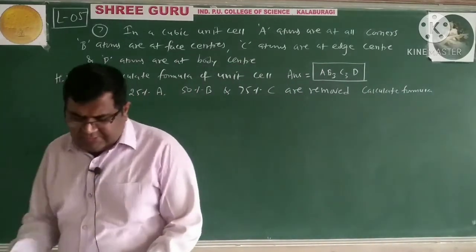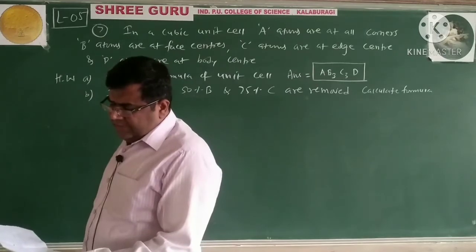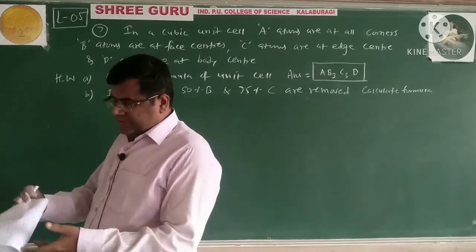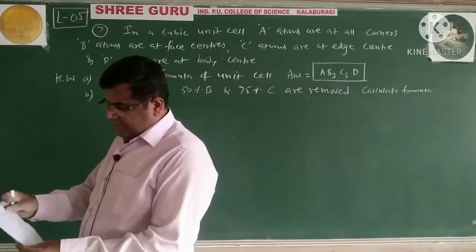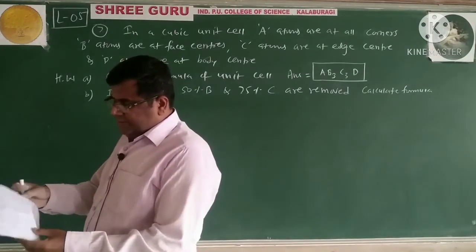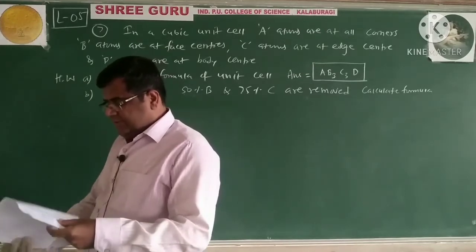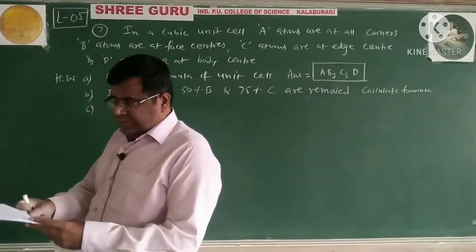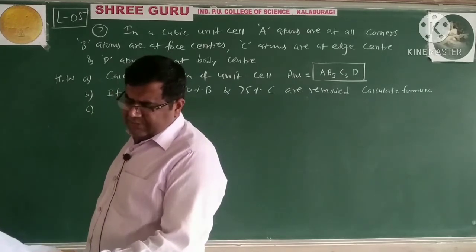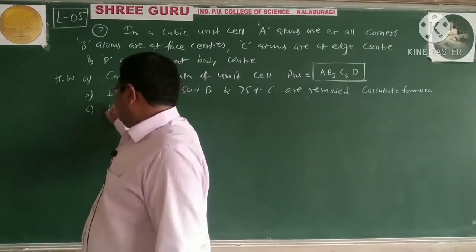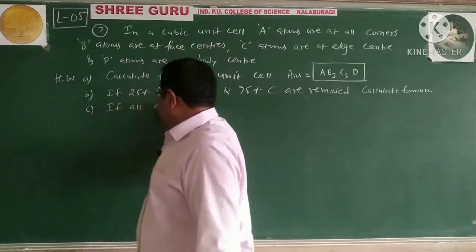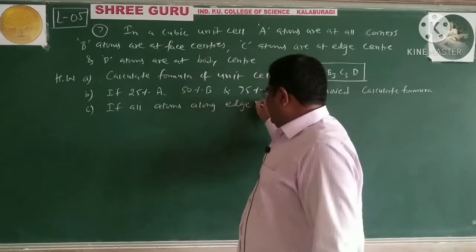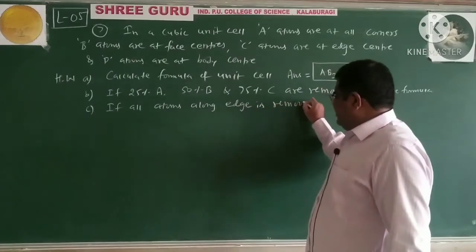Now C is, if all atoms present on one face are removed. So this is A, B, and C is, yes, a different situation. C is, if all atoms along an edge are removed.